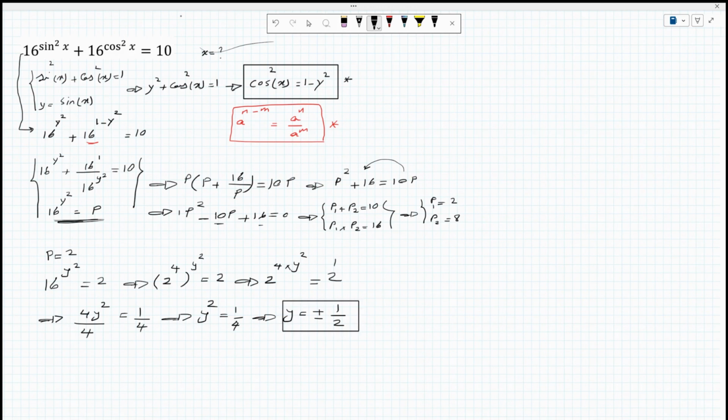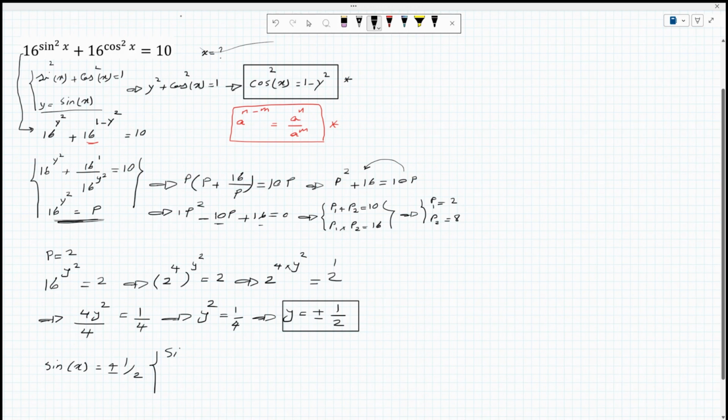However, y is equal to sin x. So if I write sin x is equal to plus or minus 1 over 2, there are two cases here.